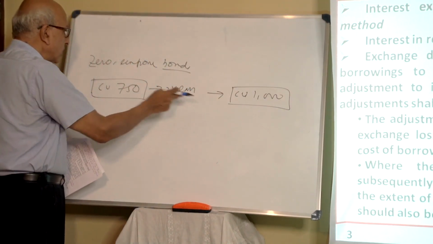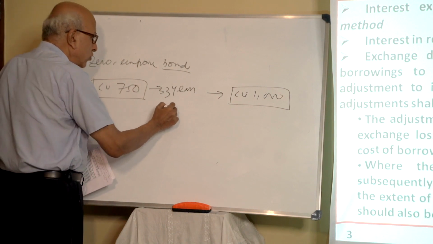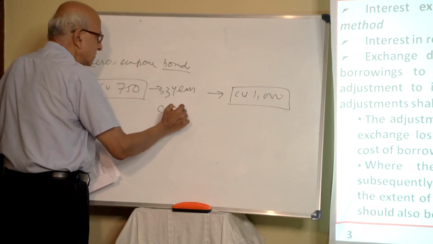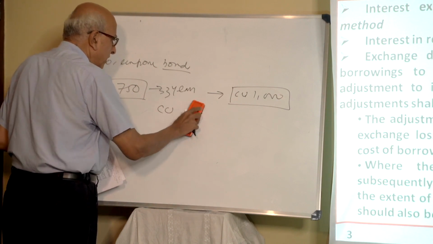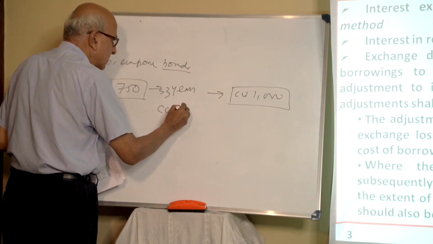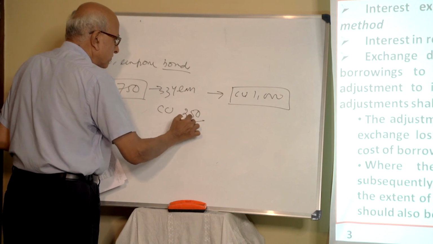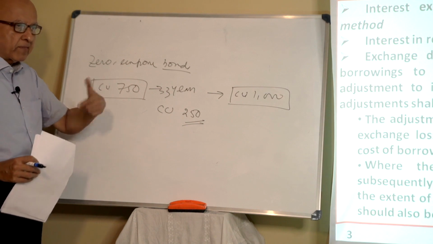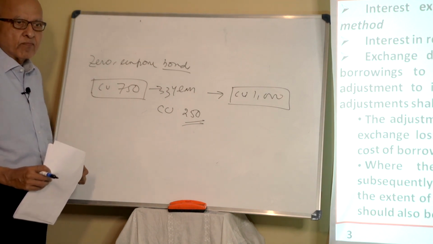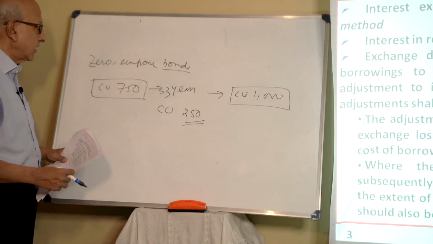So the difference between 750 and 1000, CU 250, is what? CU 250 is interest. No interest is payable in every period.